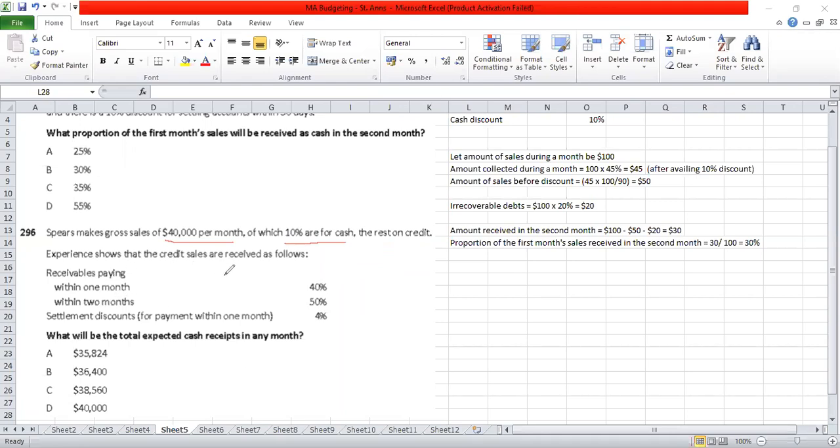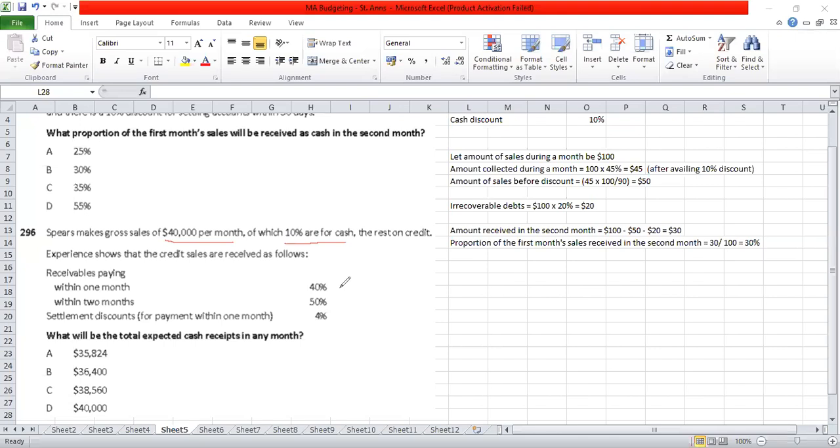Receivables paying, because 40 plus 50 is 90, 10%. So 40% of 40,000 for fours are 60, 16,000 will be received within 1 month. 50% of 40, that is 20,000 will be within 2 months. So 40, 50, 90, 90 plus 10, 100.